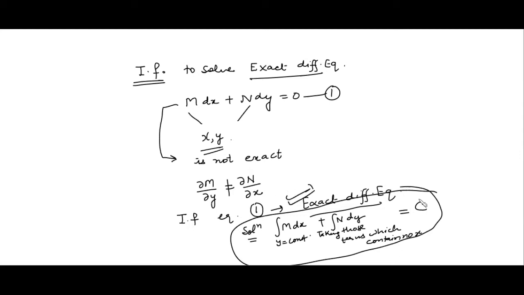So to find the solution of a differential equation that is not exact, we first need to convert it into an exact one by finding some integrating factor. Now how to find the integrating factor? Let mu be any integrating factor of the equation M dx plus N dy is equal to 0.